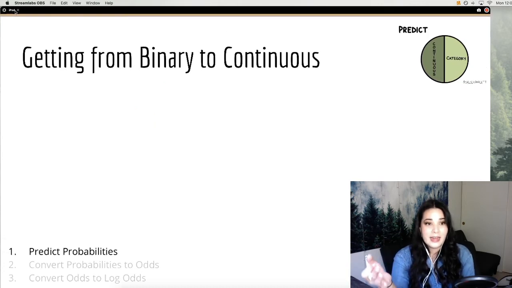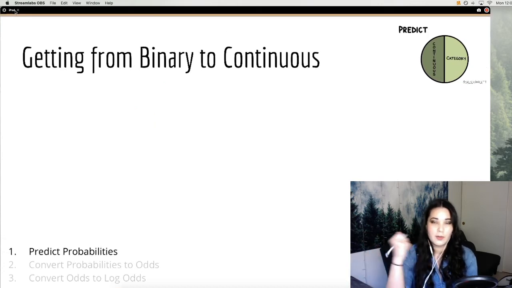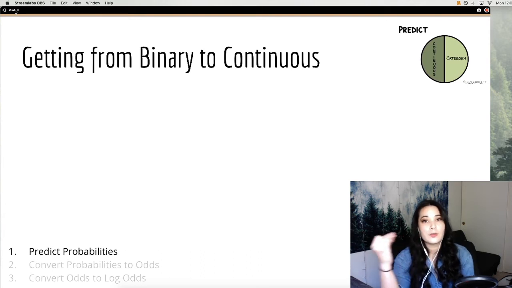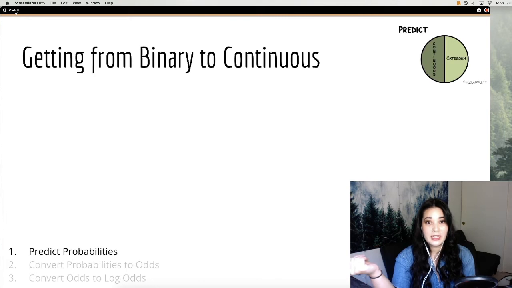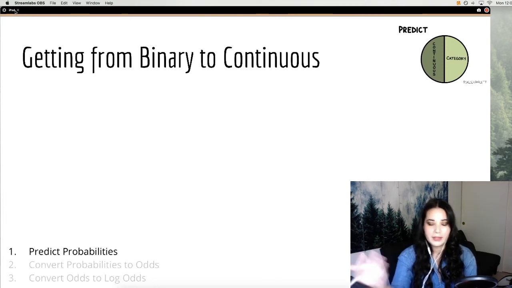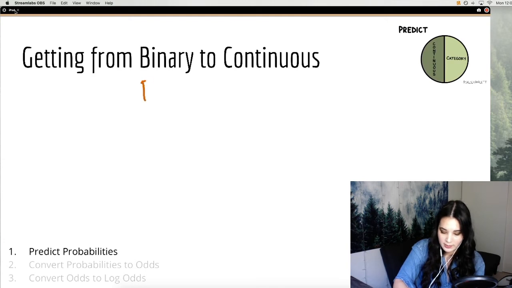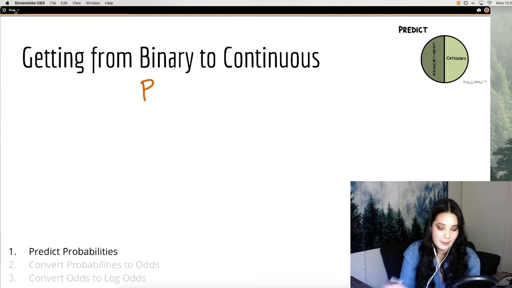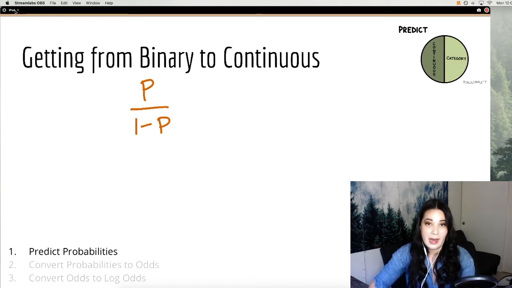The next step after converting to probabilities is to turn those probabilities into odds. We mentioned at the very beginning of this course that odds are just a different way of talking about probabilities, and the way that we calculate them is the probability of an event happening divided by the probability of that event not happening.